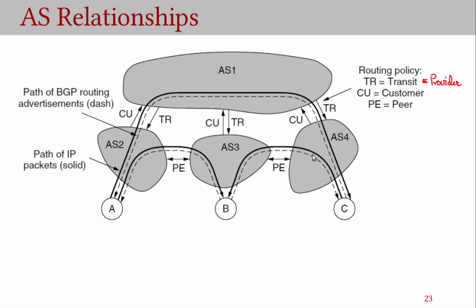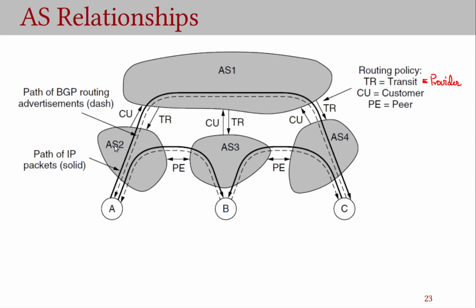So let's say that there's some traffic that arrives at AS2 from this network, and it's supposed to be sent to some host in B. Now the routes are going to be advertised from these autonomous systems to AS1. So AS3 is going to advertise a route to B to AS1. AS4 is also going to do the same.